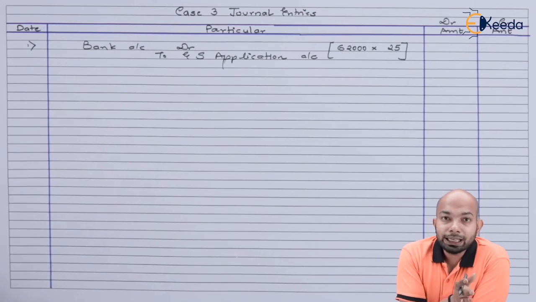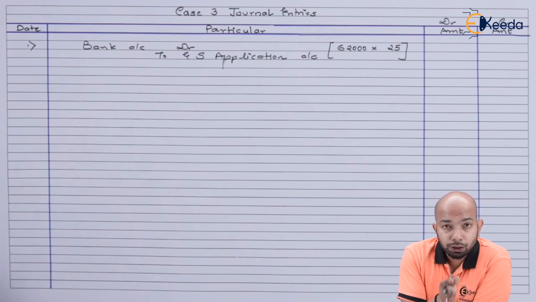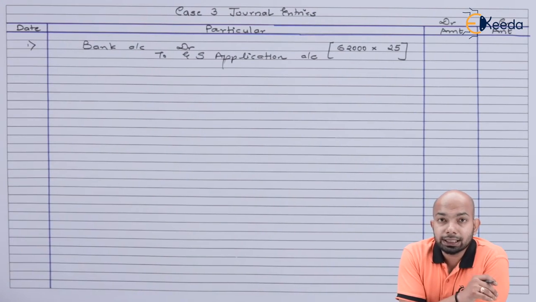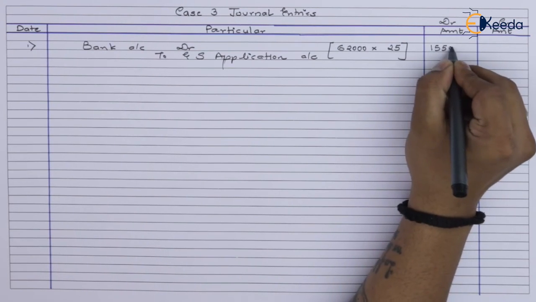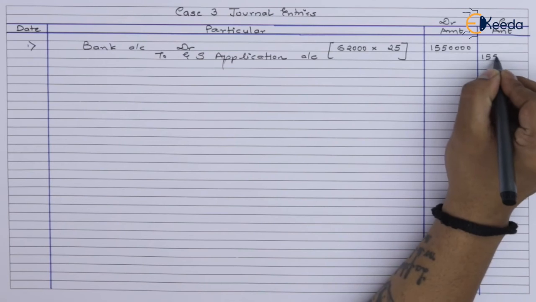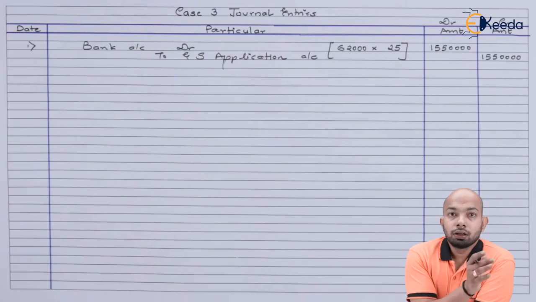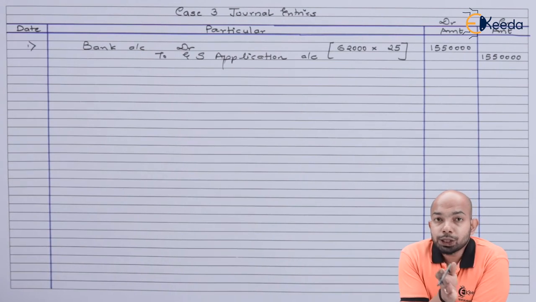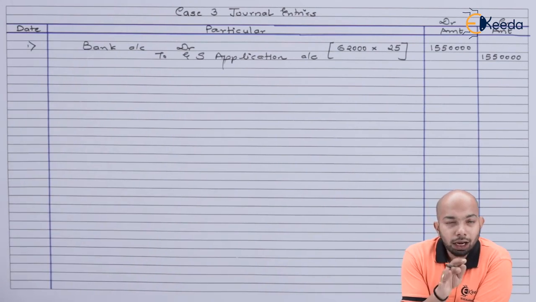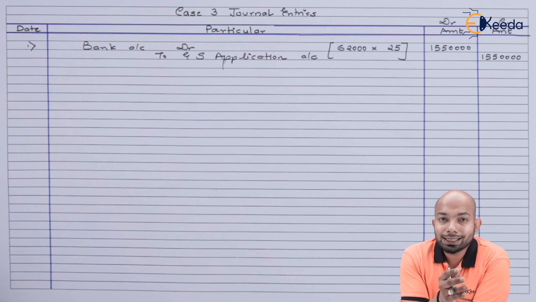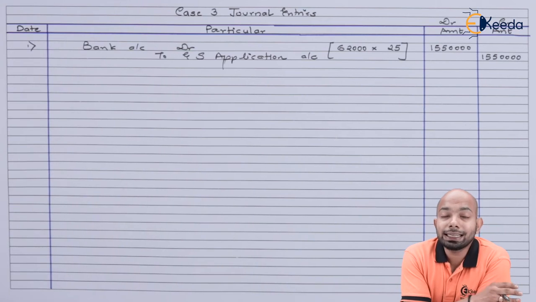So we received the application for 62,000 shares, so we have to take care of that first. So bank account debit to equity share application account credit has been mentioned for that many shares. Now as per the allotment, 2,000 shares were rejected, so we'll mention the entry for rejection, which will be the reverse of the entry that we have passed.